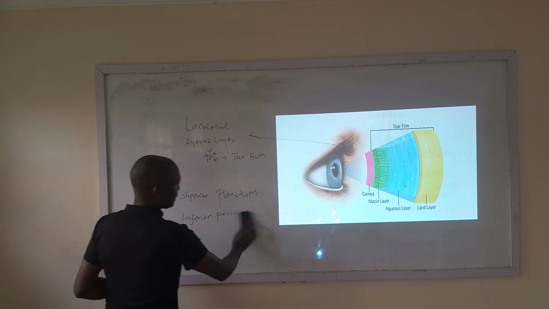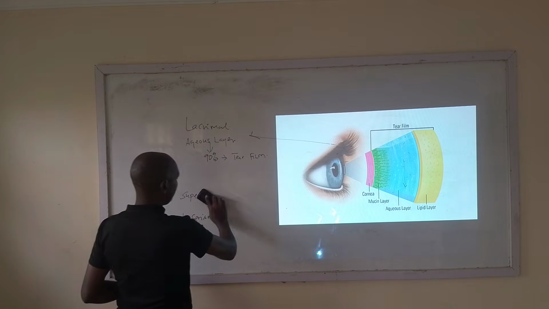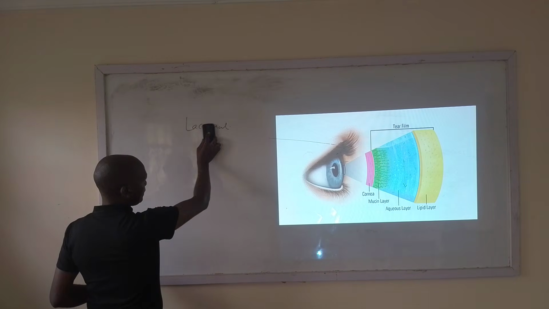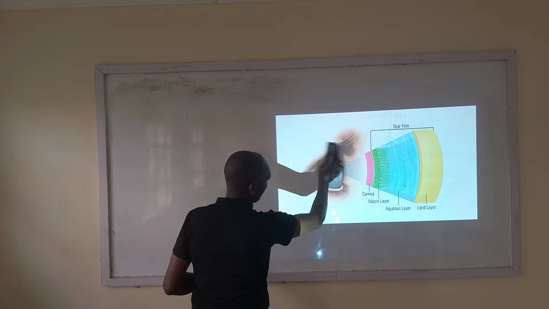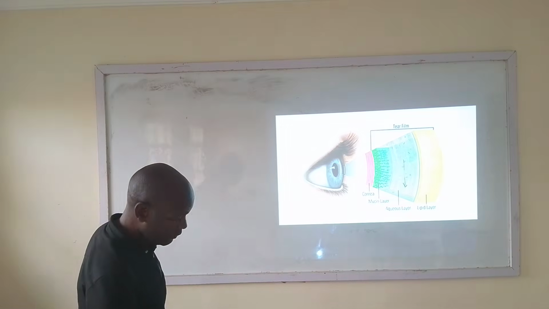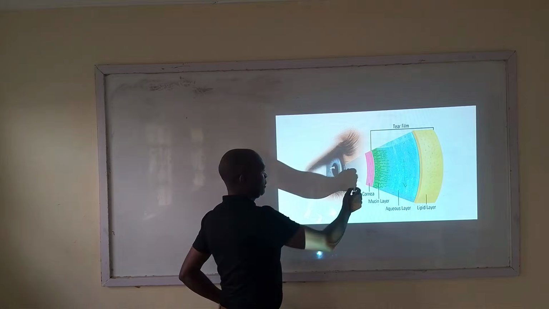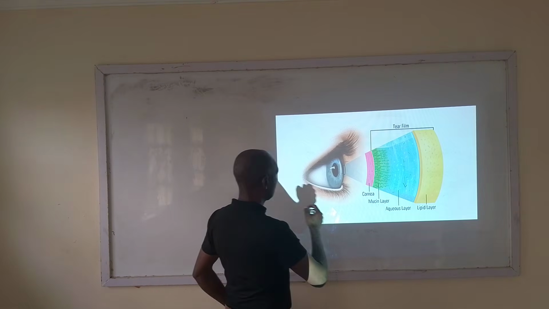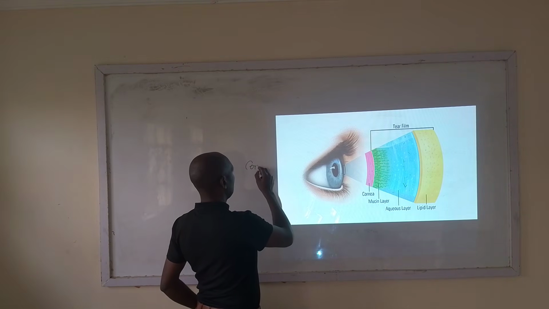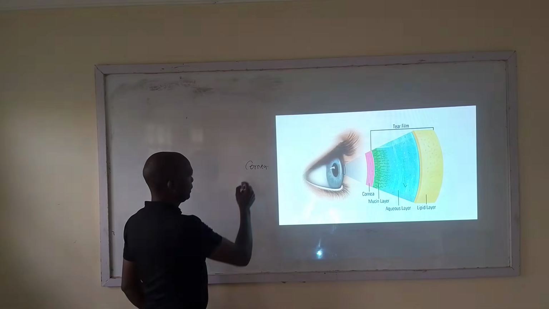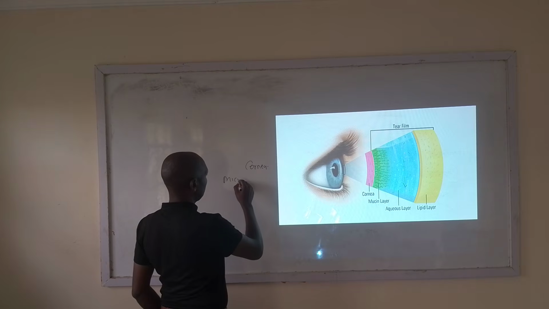So this is a representation of the tear film, showing the layers that we have already talked about. When you look at this diagram clearly, the pink structure you see here is the cornea, just a portion of the cornea, and that cornea has microvilli.